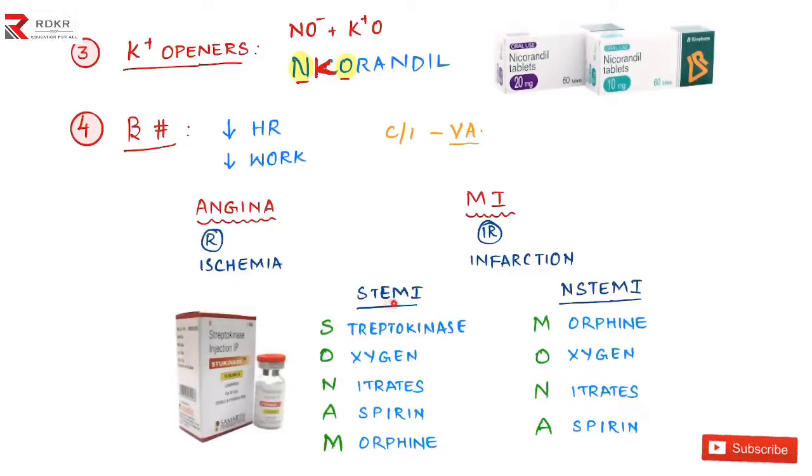In ST elevated MI, as the name suggests, you remember the mnemonic SONAM. So you can use SONAM as a treatment for STEMI, that is streptokinase, oxygen, nitrates, aspirin, morphine, as in the image. And in the non-ST elevated MI, the mnemonic is MONA, that is morphine, oxygen, nitrates, aspirin.